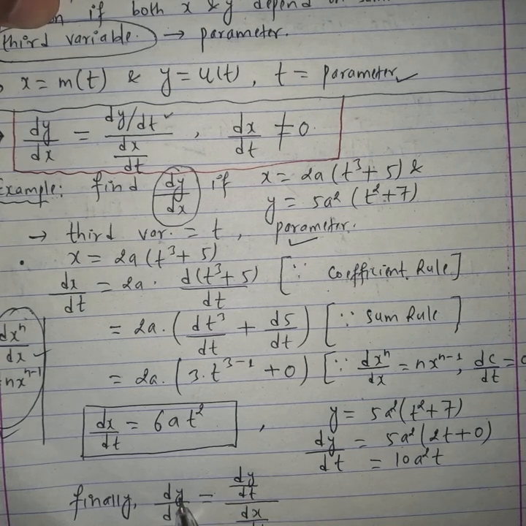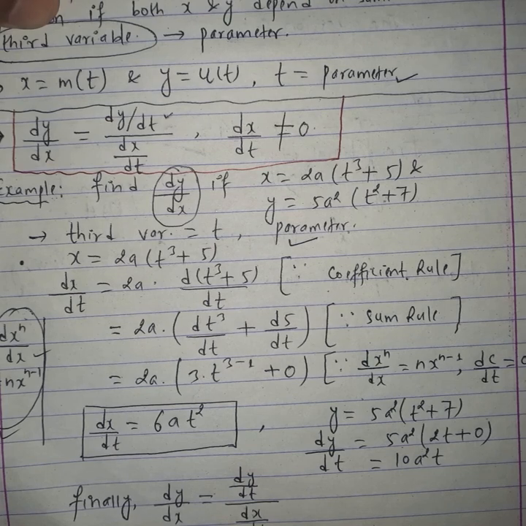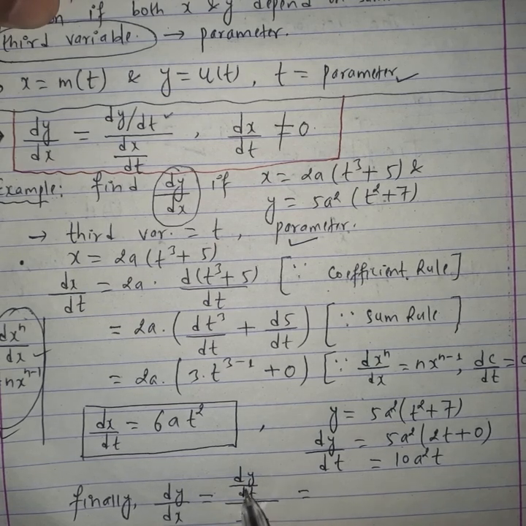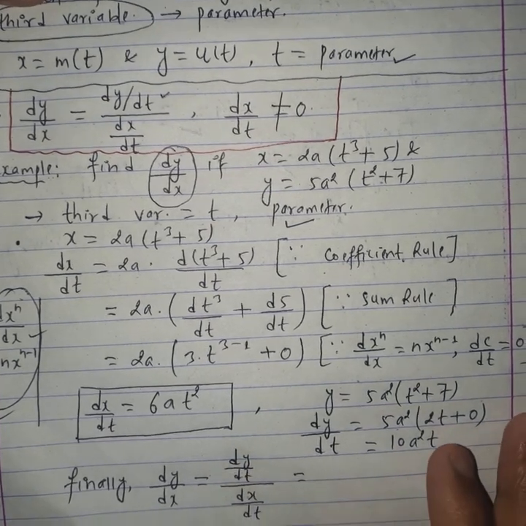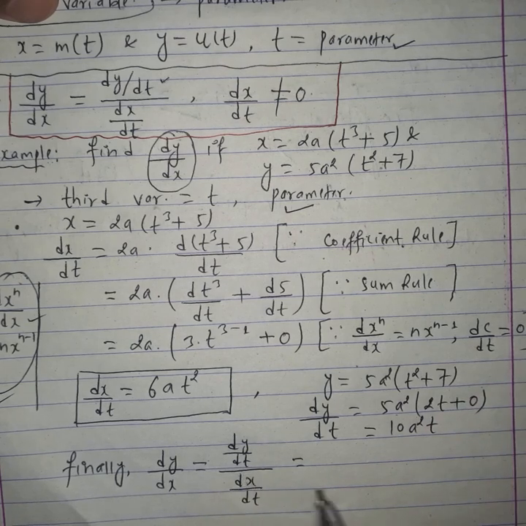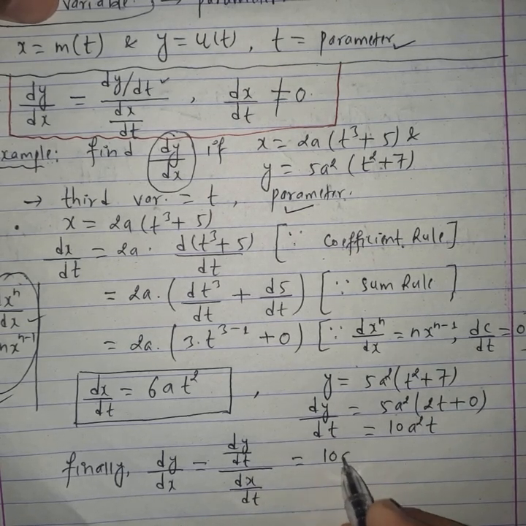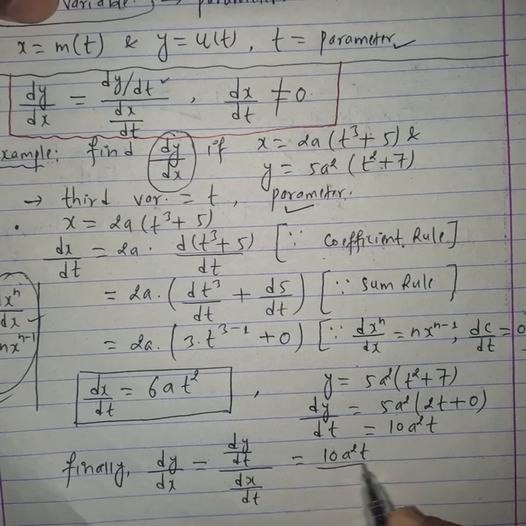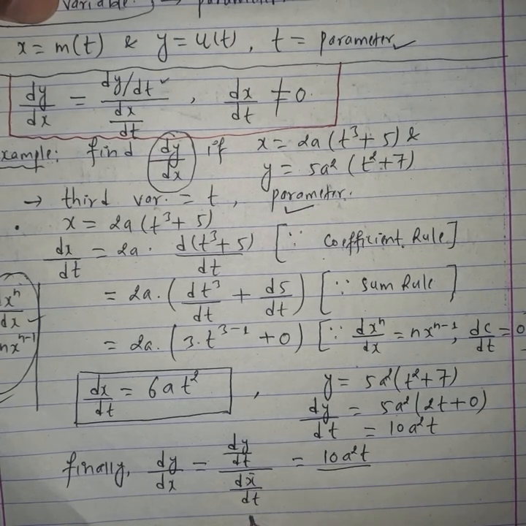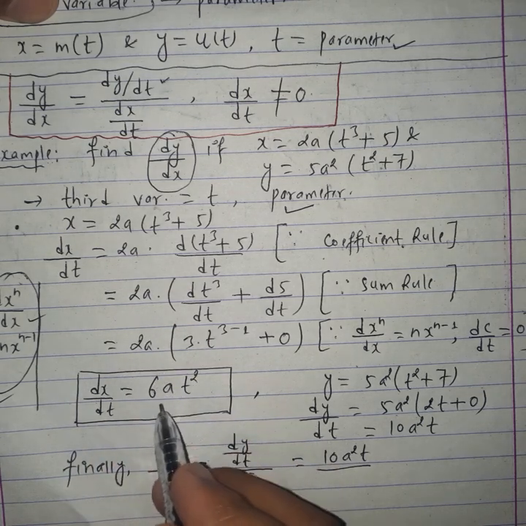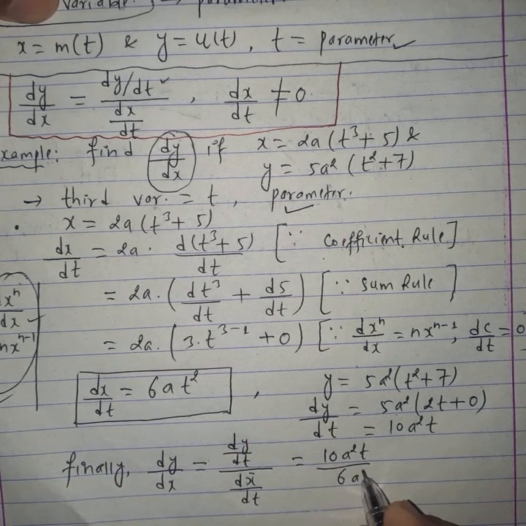We can divide both the numerator and the denominator by the same dt here, and let's substitute the value of dy over dt. What is the value of dy over dt? Here just 10 a square t divided by the value of dx over dt, which is calculated here as 6a t square.